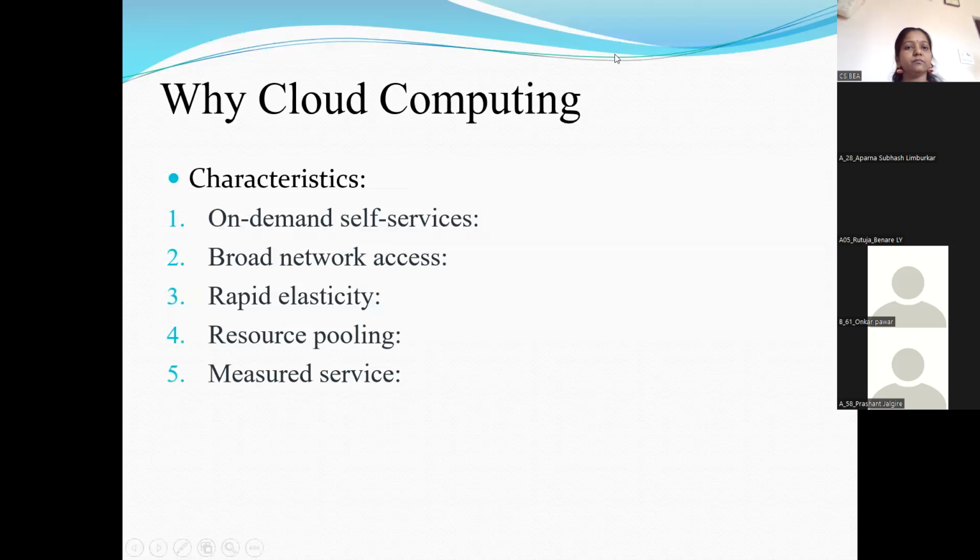Then we have gone through why cloud computing is required. The 5 important characteristics we saw last time are on demand self-service, broad network access, rapid elasticity, resource pooling, and measured service.